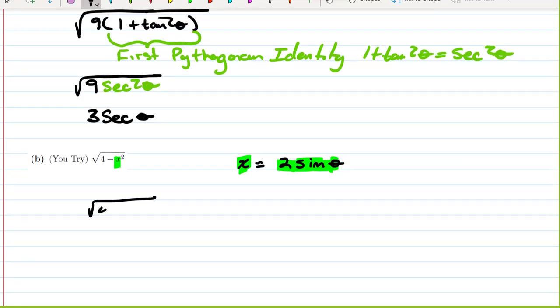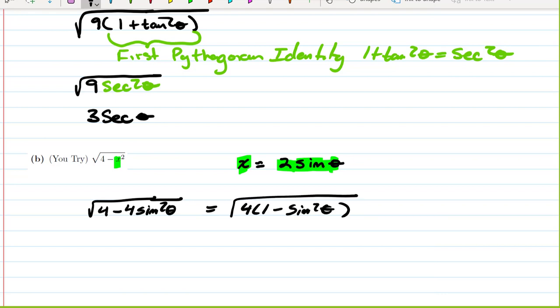So we get 4 minus 2 sine theta squared, which is 2 times 2 is 4, and sine times sine is sine squared theta. We then factor out our GCF of 4, leaving behind 1 minus sine squared theta.